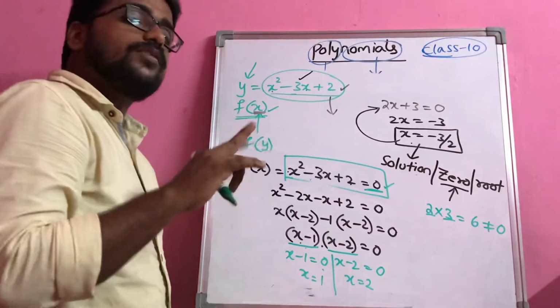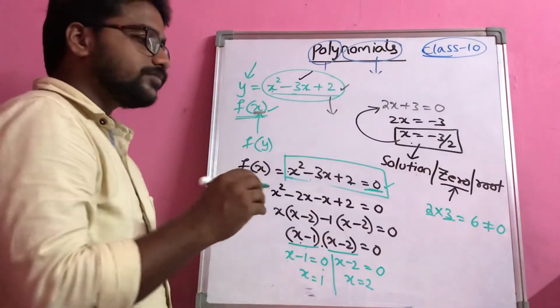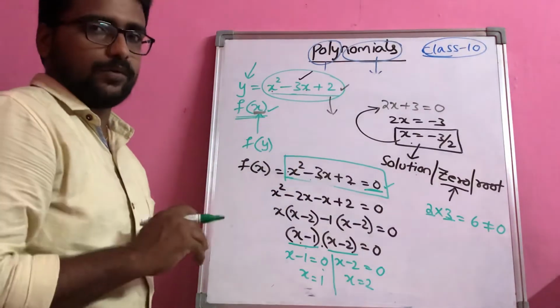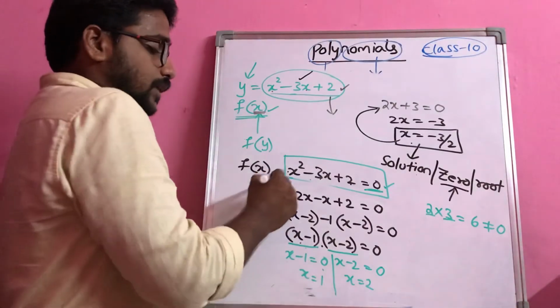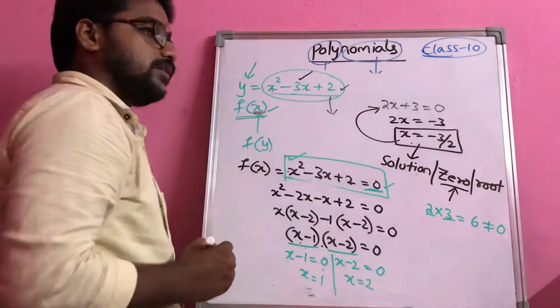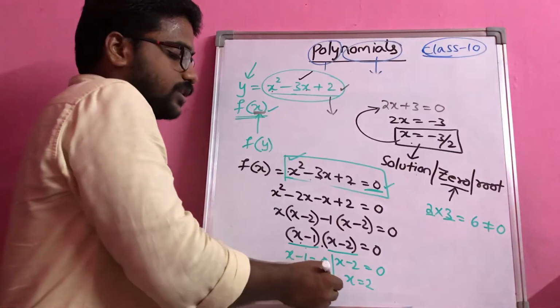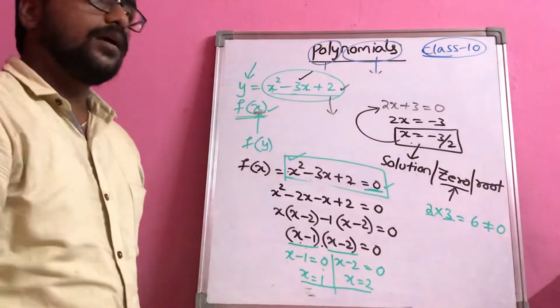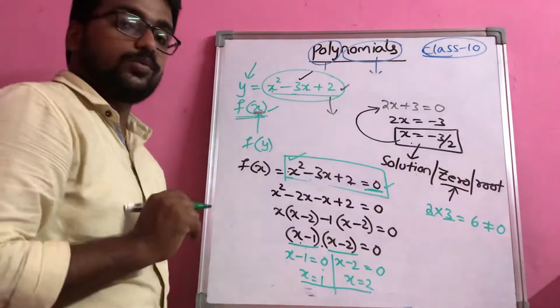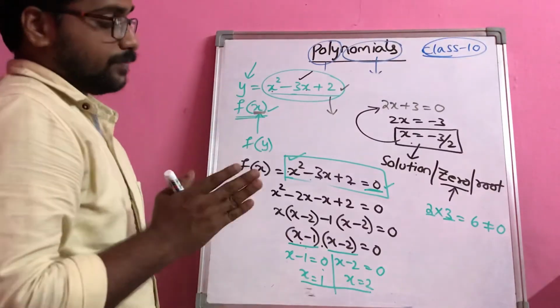Even if both of the numbers are equal to 0, you will get a product of 0 anyway. So for this expression, I am getting the solutions as x is equal to 1 or x is equal to 2.